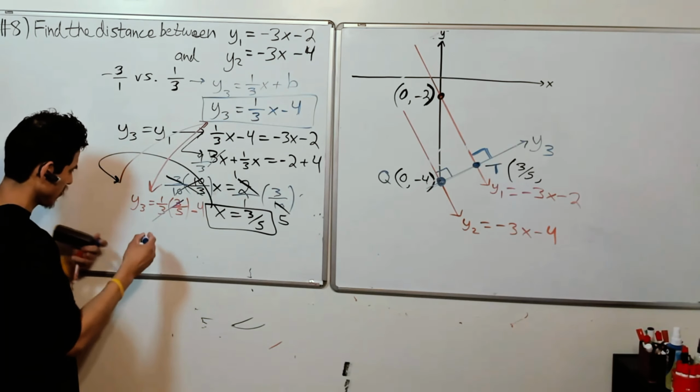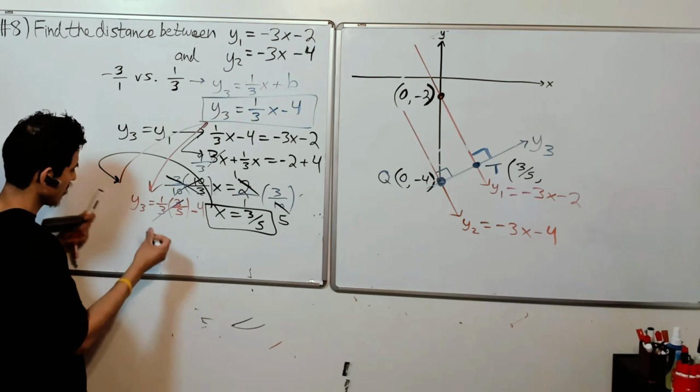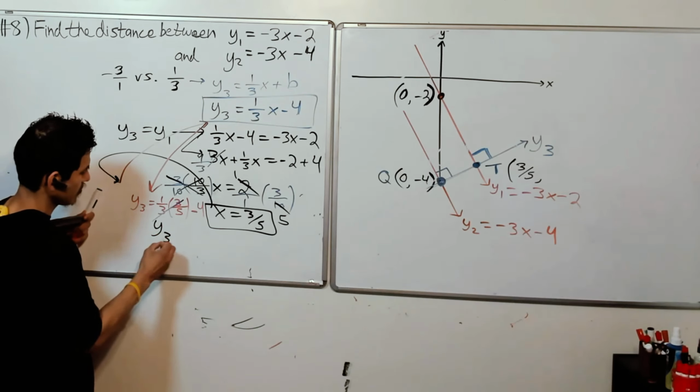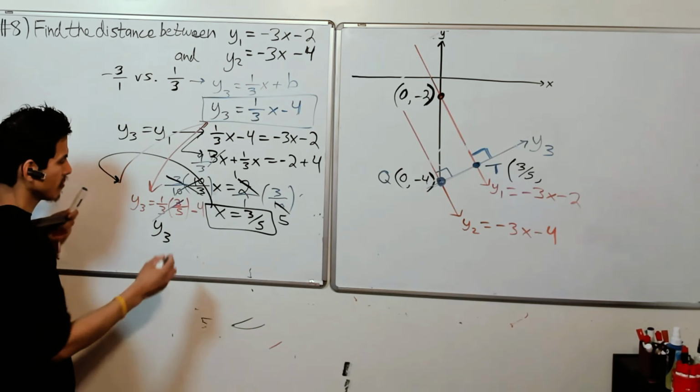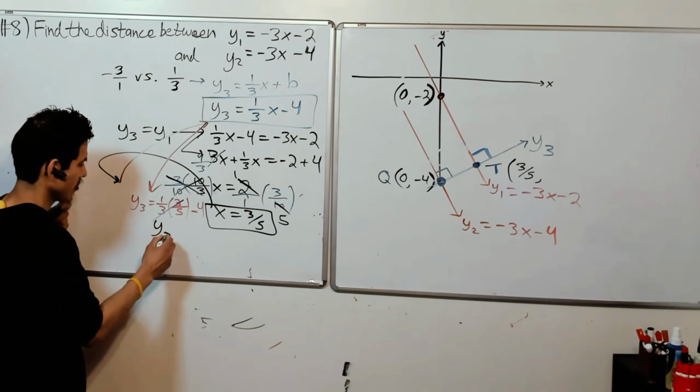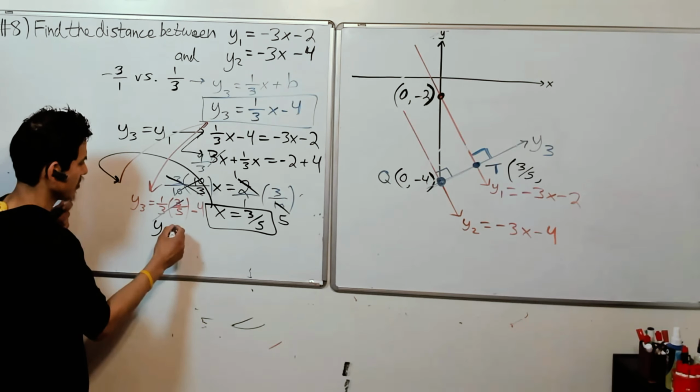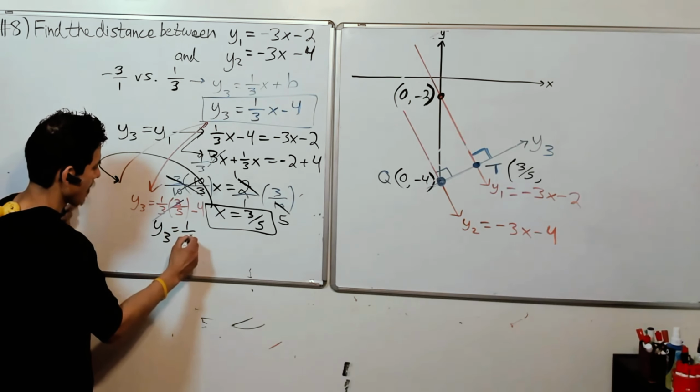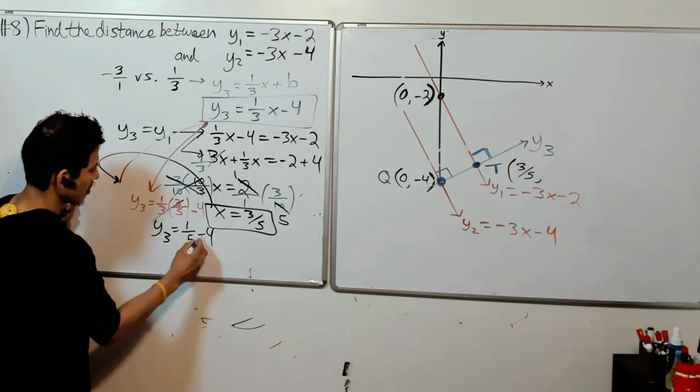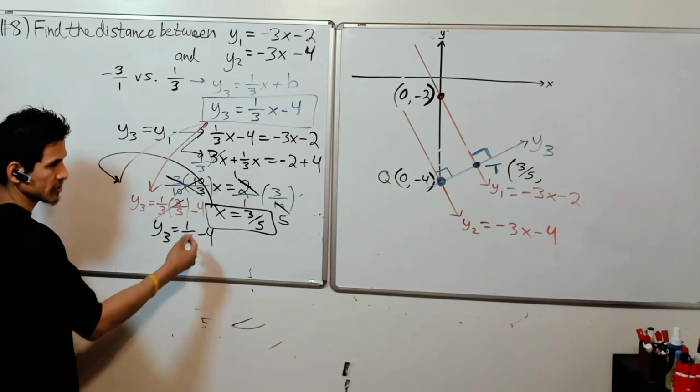I don't know why I switched to blue, but okay. Let me switch back to black. So y3. We don't have to call it y3. We can just call it y, but I'm just going to keep the 3 there because I like it. So then this is going to be 1/5 minus 4. Okay, so more fractions.